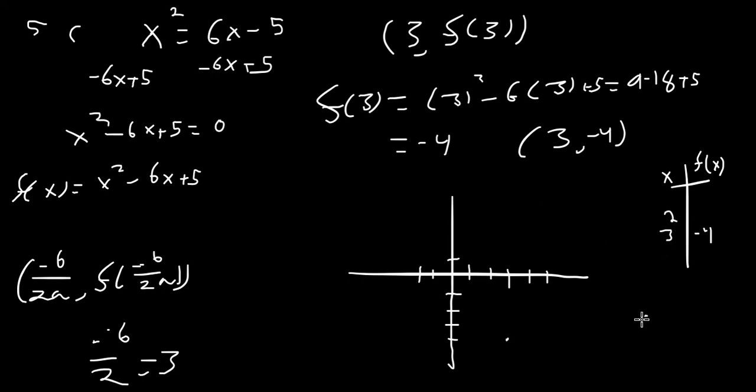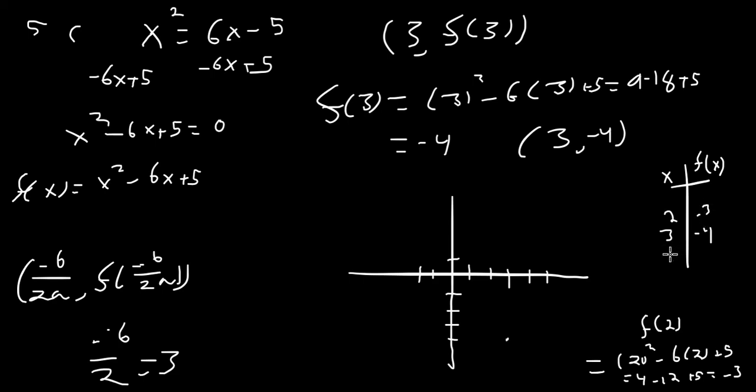What's this going to be when x equals 2? F of 2 is equal to 2 squared minus 6 times 2 plus 5, which is equal to 4 minus 12 plus 5, which is 9 minus 12, which is negative 3.